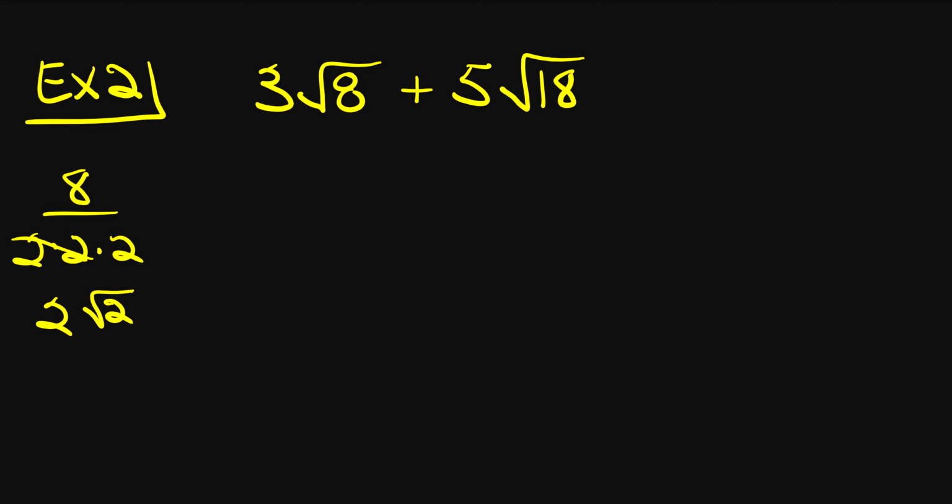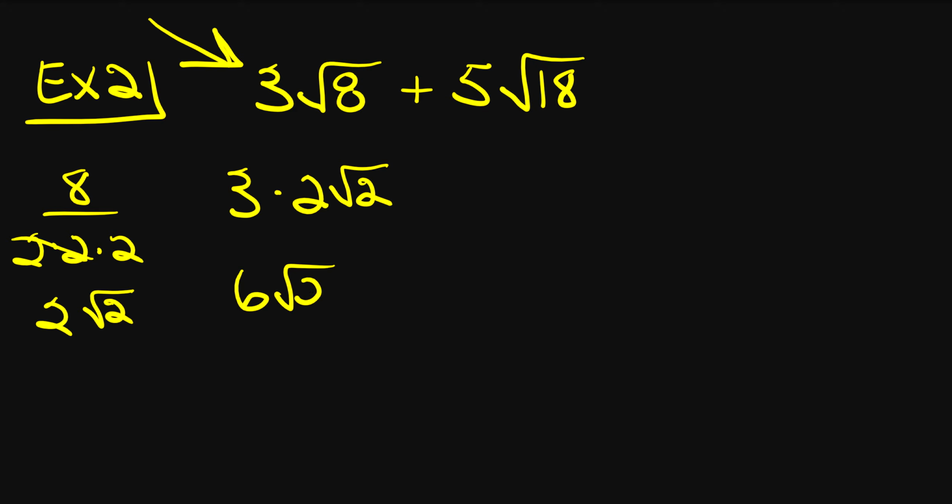The first term is going to be written as 3 times 2 root 2. You see the breakdown of the square root of 8 is 2 root 2, and this 3 we're going to multiply to the 2. So this ends up being 6 root 2.